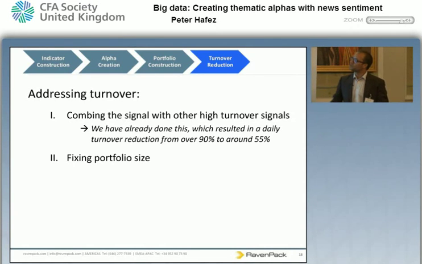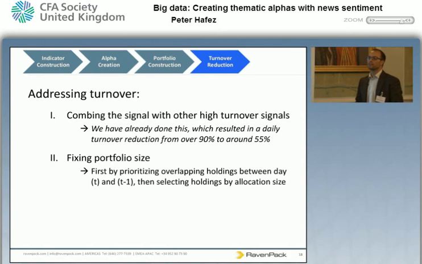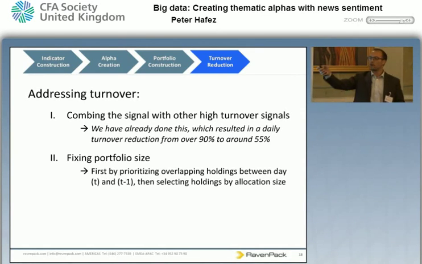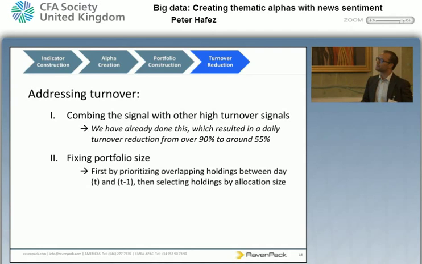That's step one. Step two is that we can start fixing the portfolio size. Right now, we're just trading all the companies that have had some news in some group that we have found to be statistically significant. We could obviously start to fix and say we only want to invest in the top or bottom of these, and see how that impacts turnover. I'll show you a couple of slides where we fix portfolio size.